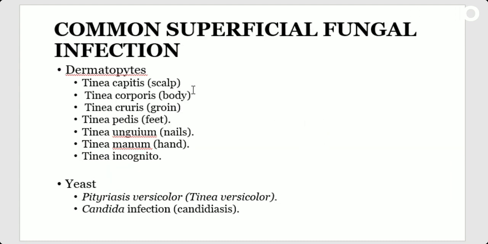The following are the common superficial fungal infection examples. Those which are caused by dermatophytes include tinea capitis, tinea corporis, tinea cruris, tinea pedis, tinea unguium, tinea manuum, and tinea incognito. So these examples are named according to the part of the body which they affect.